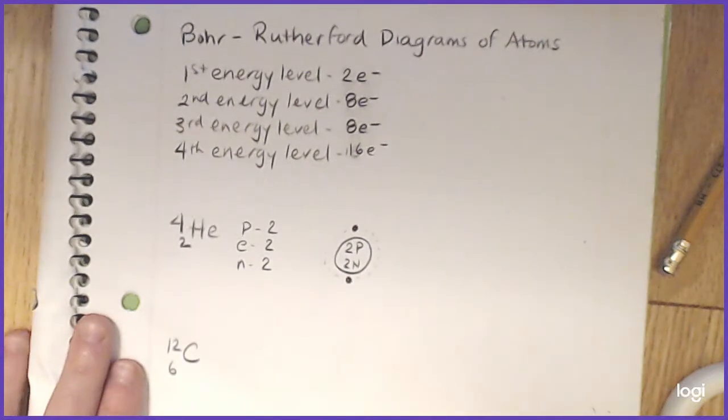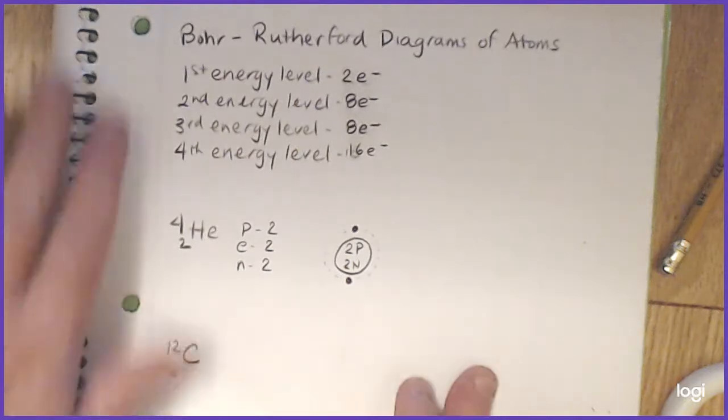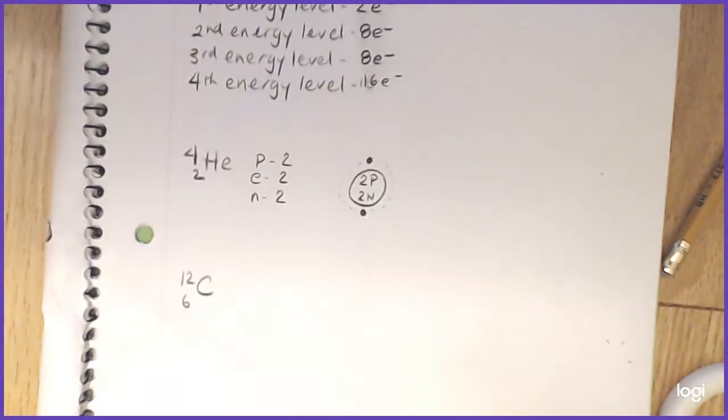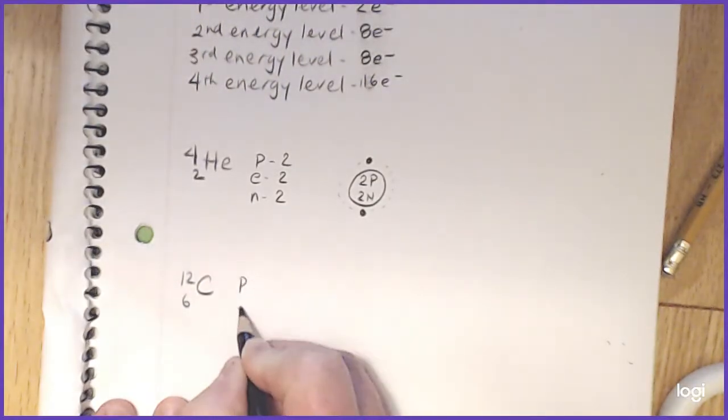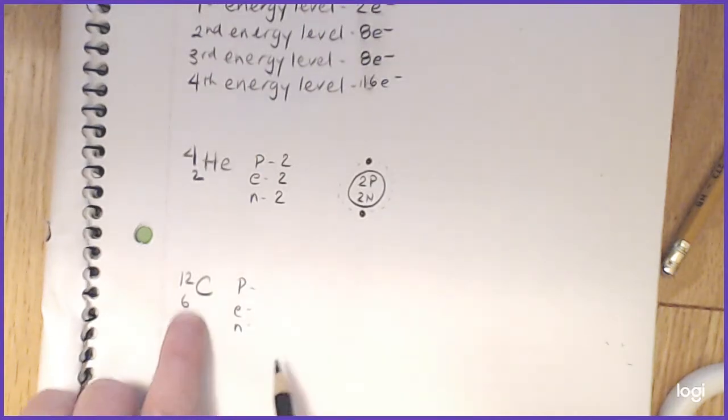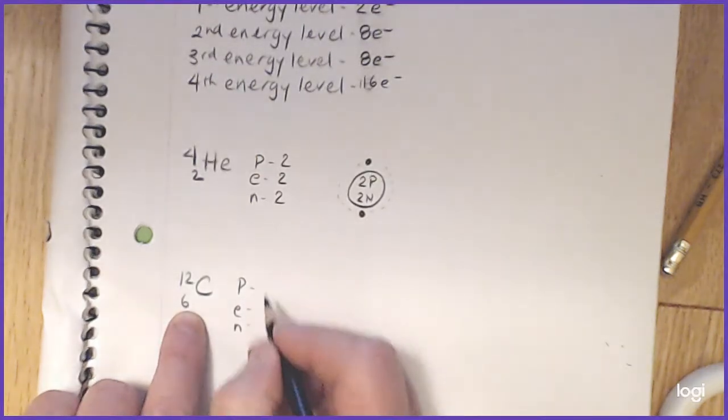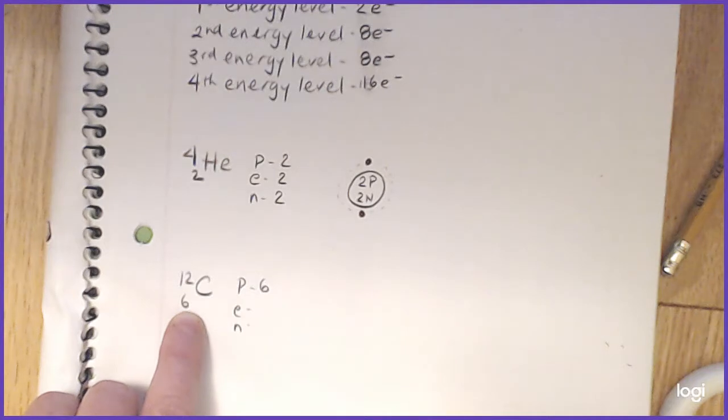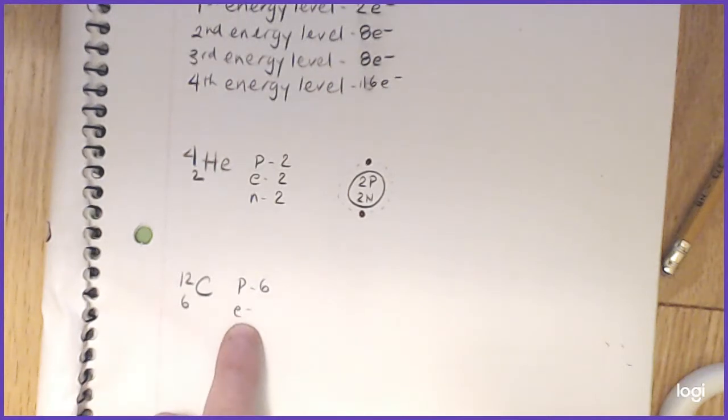Our next example is carbon. So for carbon, we have our protons, electrons, and neutrons. So our protons, we have 6, because equal to the atomic number. If we have 6 positive protons, that means we must have 6 negative electrons.